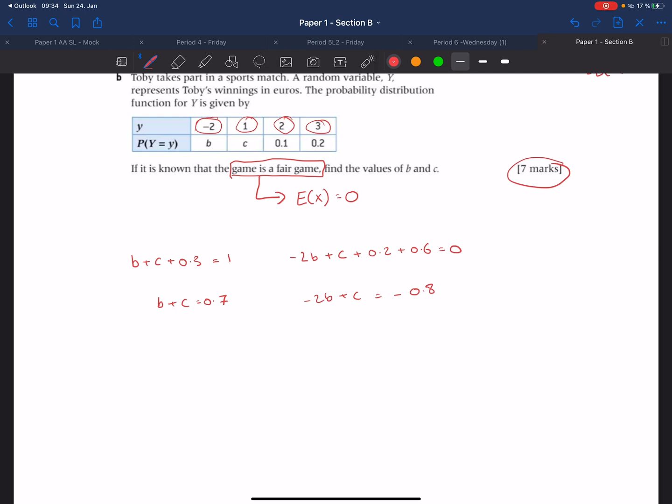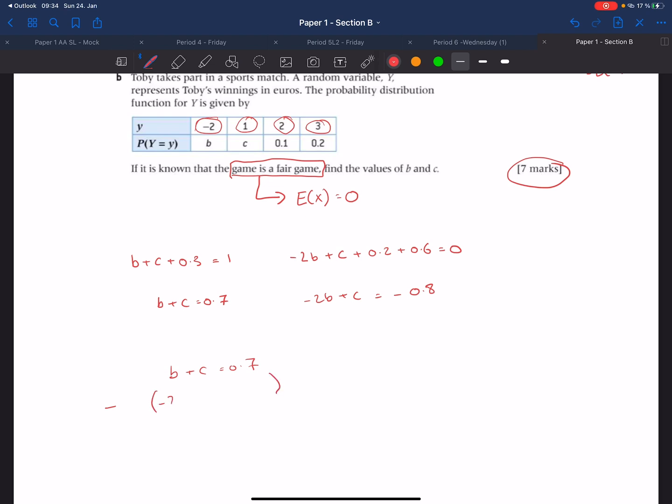We've got a couple of different options for this. I think what I am going to do is subtract this equation from this equation, because that way I'll be able to cancel out my c's nicely. So b plus c equals 0.7 minus, and I'm going to put it in brackets first so I can't accidentally lose a negative.